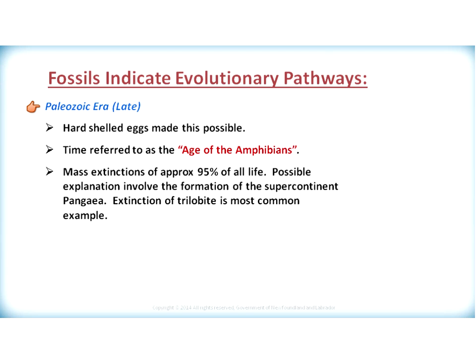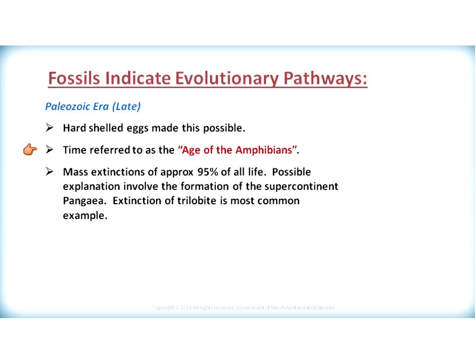Continuing into the late Paleozoic Era, the hard-shelled eggs made it possible for the reptiles to live on land. But because the amphibian was the most dominant life form during this time, the late Paleozoic is known as the age of the amphibians.